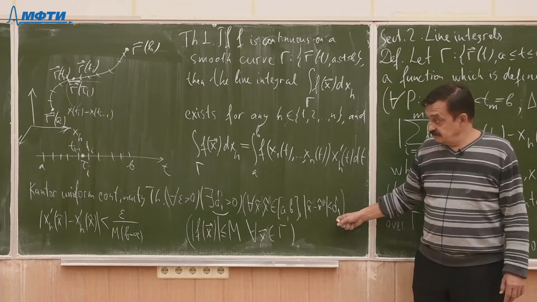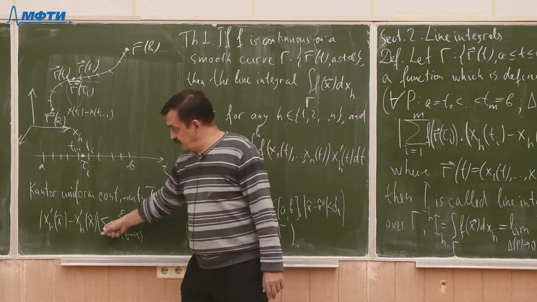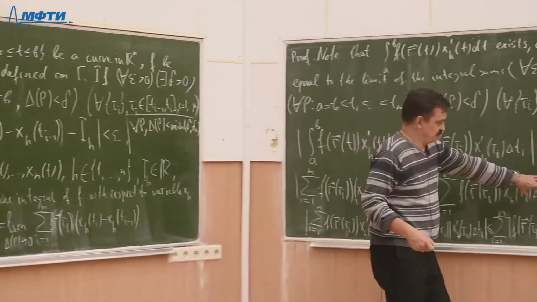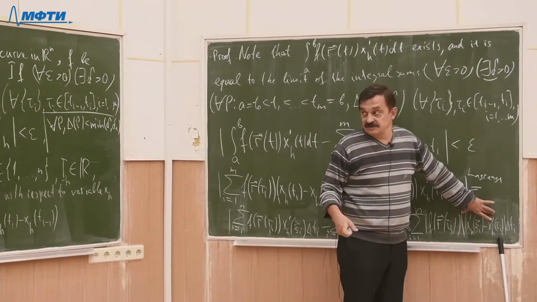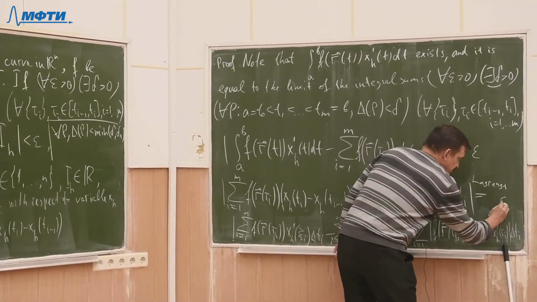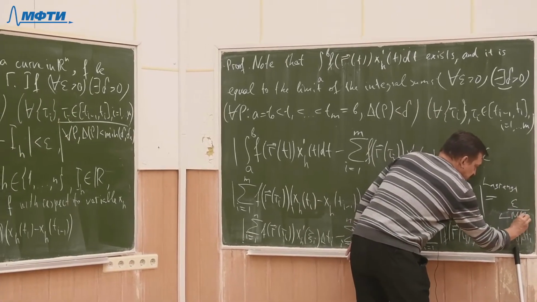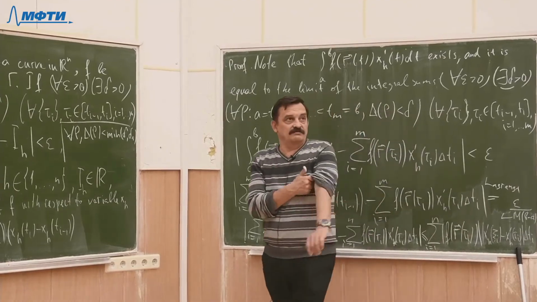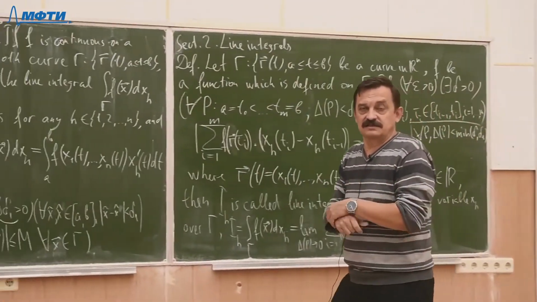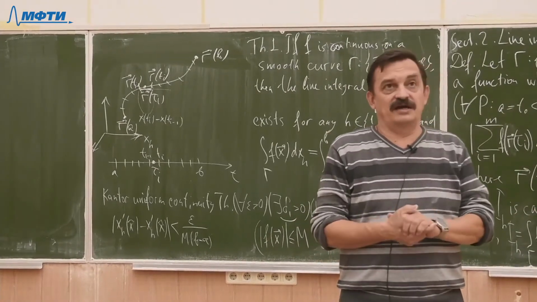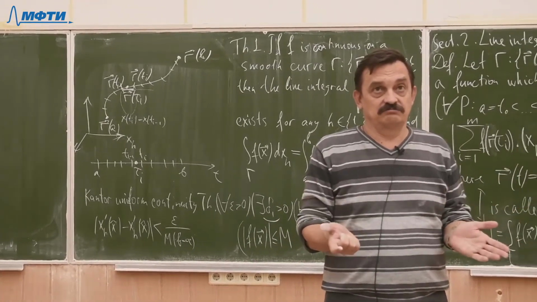Hence the modulus of the difference which appears here is less than epsilon over m times (b minus a). This multiplier is less than m, and lastly we sum up delta t_i and obtain b minus a.